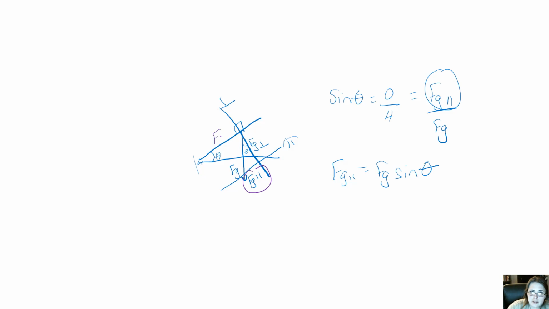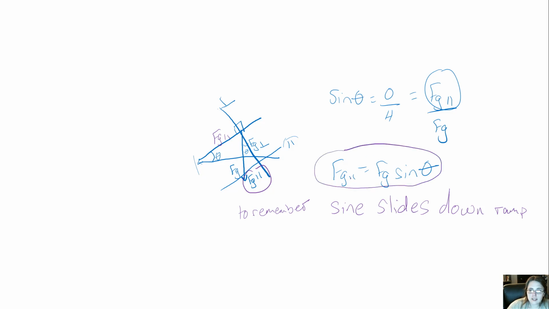It's going down the ramp. So we can say that sine slides down the ramp to help you remember. Sine is the force due to gravity parallel, which is the one that goes down the ramp. So you sine slides.